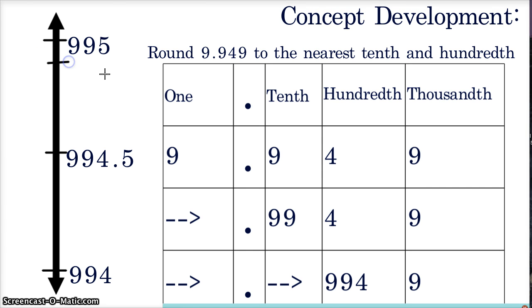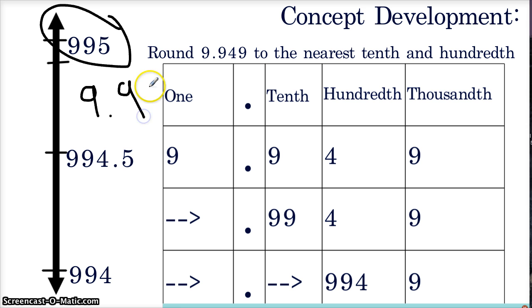Hopefully you said somewhere up here, which means that my number is going to be rounding up since it's in that section. So this is 995 hundredths. Just like I decomposed my number and squished them all this way, I could squish them back out, and that would end up being 9.95. There we go, 9.95, or 9 and 95 hundredths.